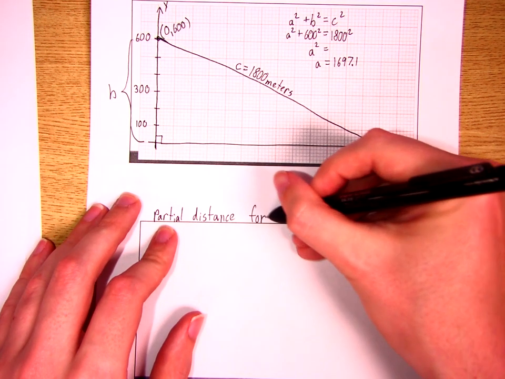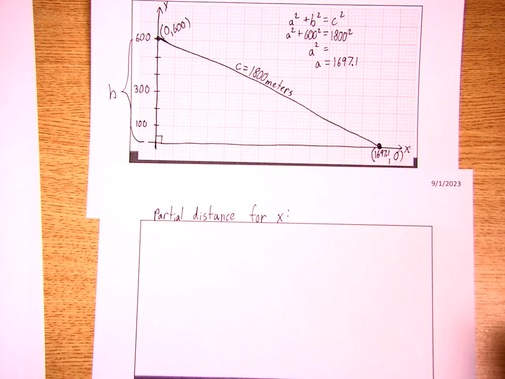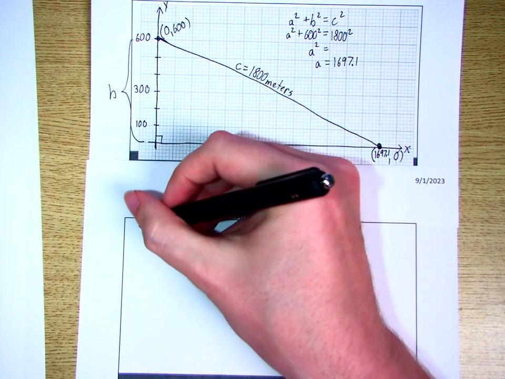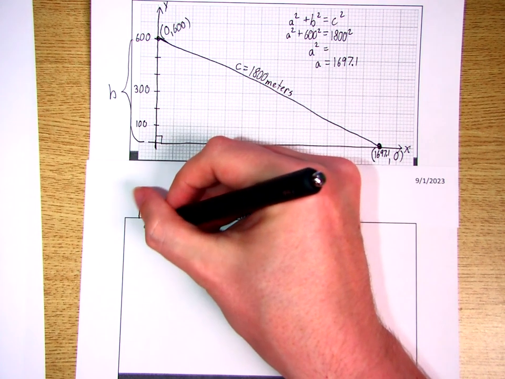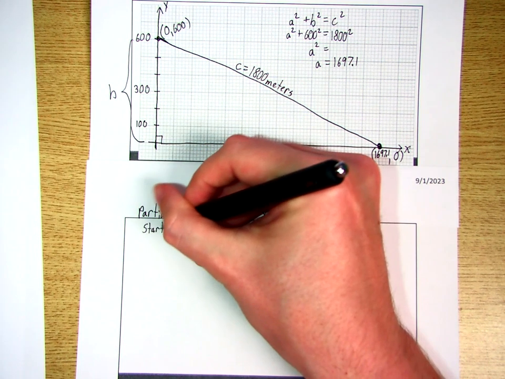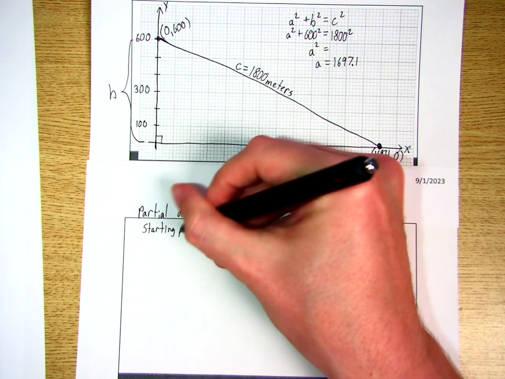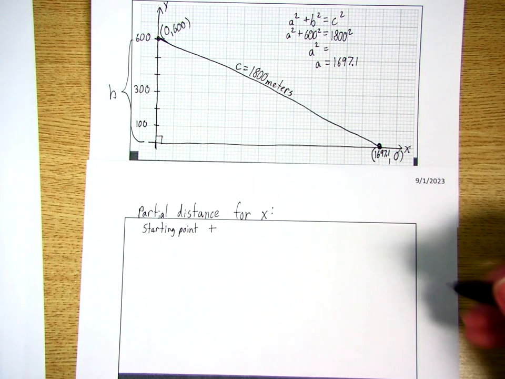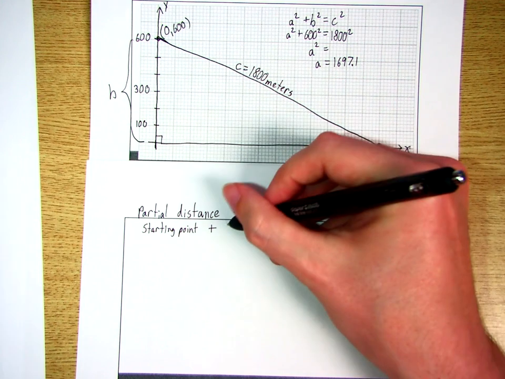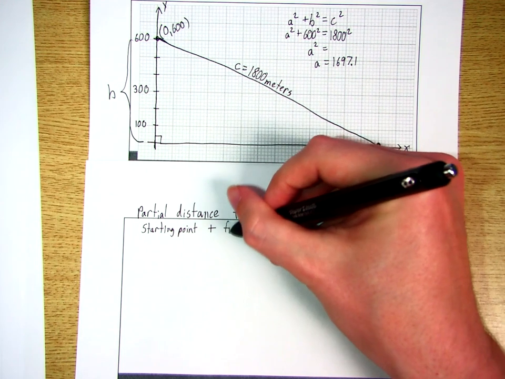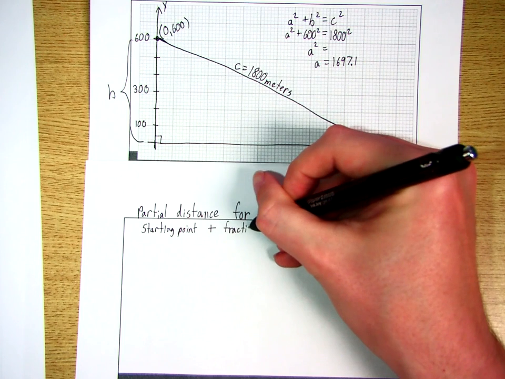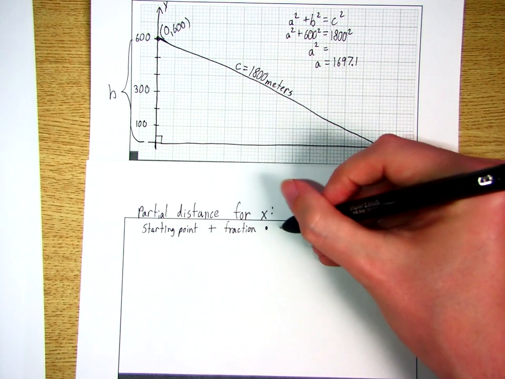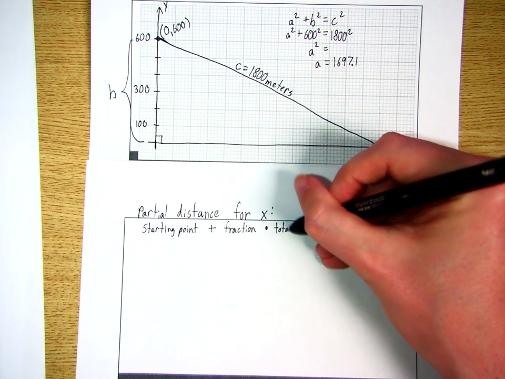For x. If we're doing partial distance, as a reminder, it's always going to be starting point plus the fraction times the total distance.